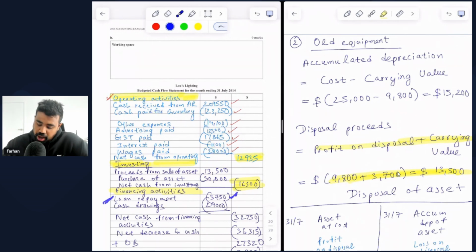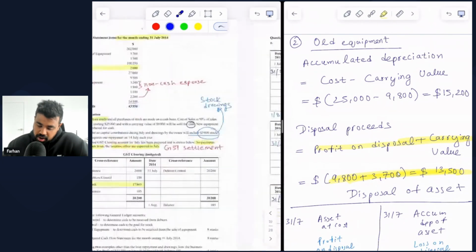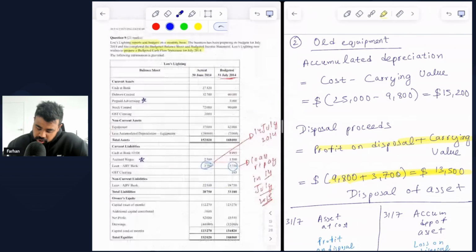And then we are showing cash drawings of $29,000 in negative, referring to an outflow. And this was calculated by subtracting the stock drawings of $3,000 from the total drawings of $32,000 that we were given within the owner's equity section of the balance sheet. Okay.